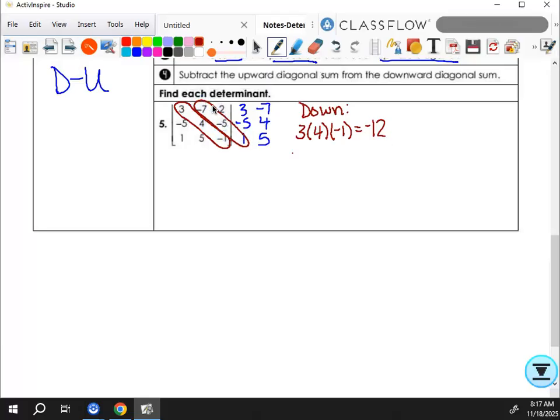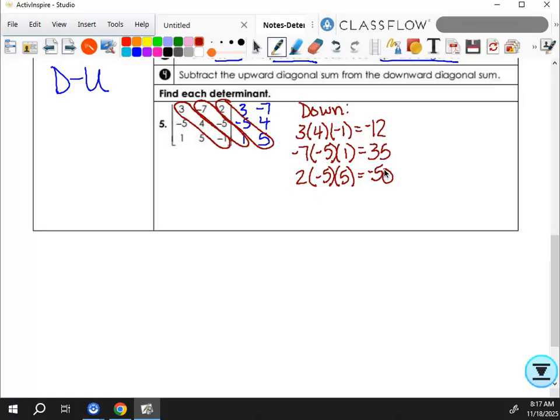That is -7 times -5 times 1. It's a positive 35. And then here's my third diagonal. That's 2 times -5 times 5. So that's -50.